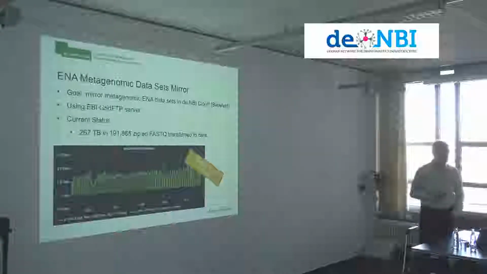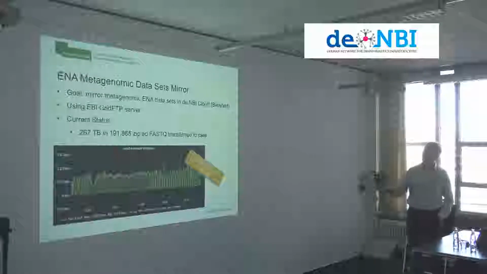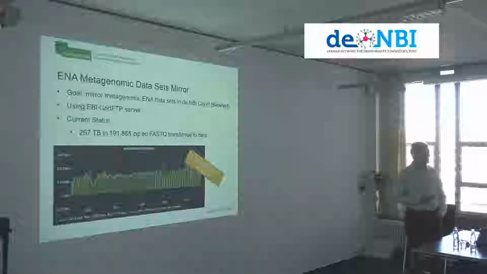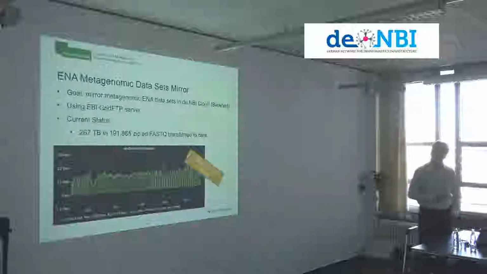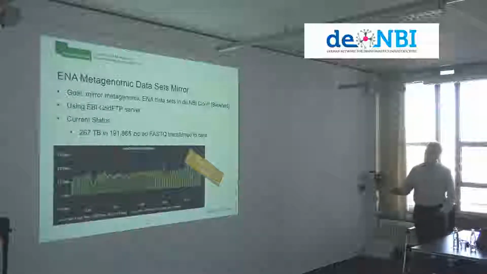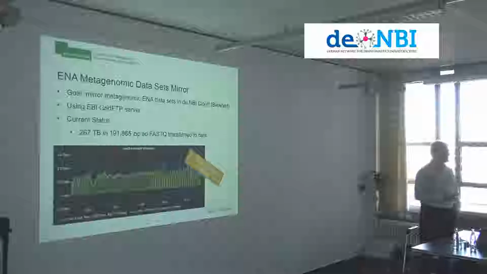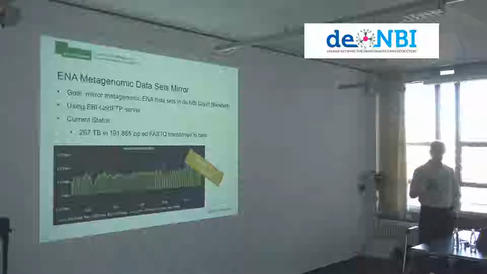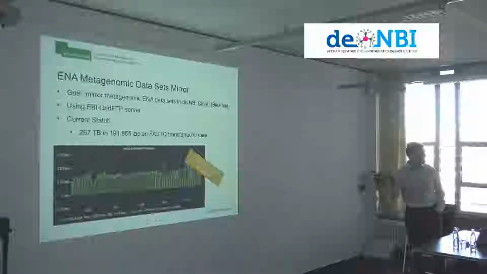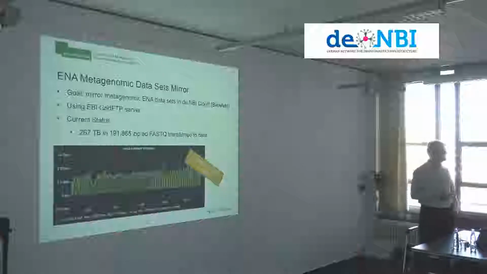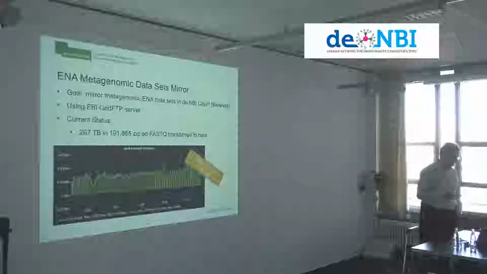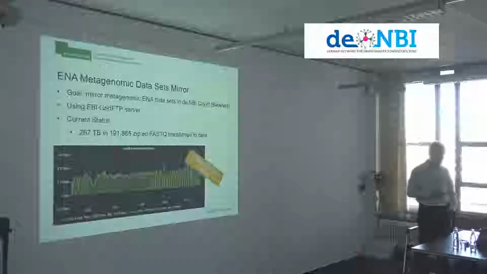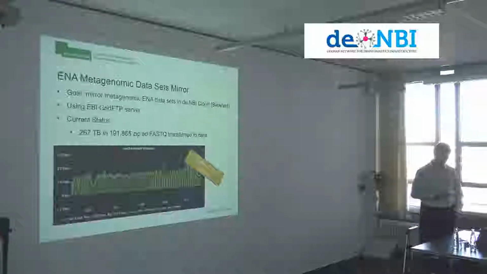Luckily there was a GridFTP server available at EBI, and we started downloading the data sets, which was about 270 terabytes of data in 190,000 FASTQ files. And it took about 3 weeks just to transfer the data to our local storage. But now this is available locally, and I will show you some applications of how you can use the local data to maybe mine public data sets for your research.